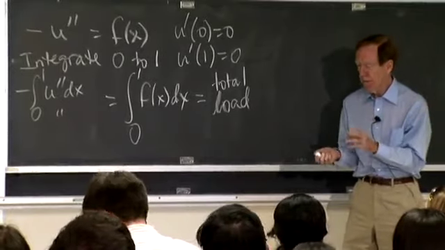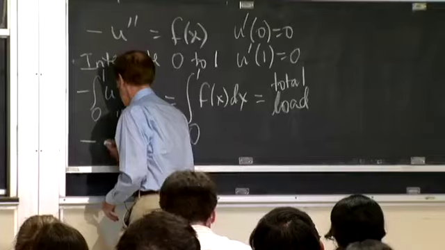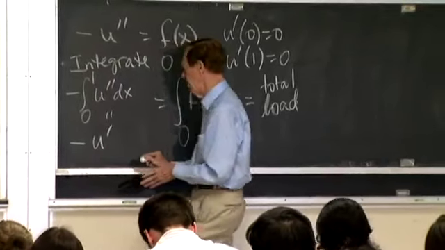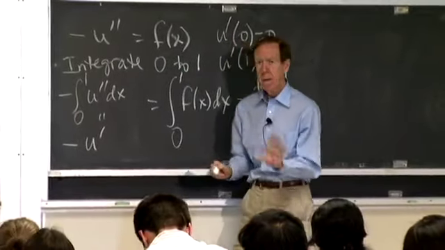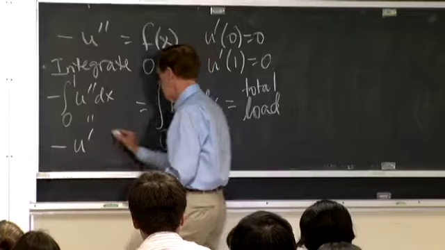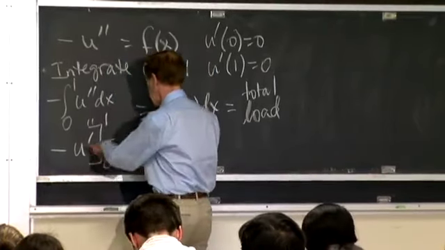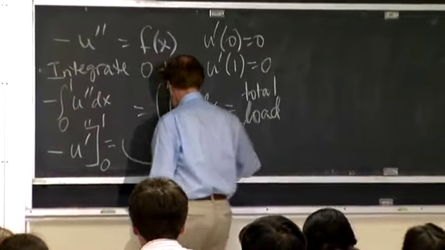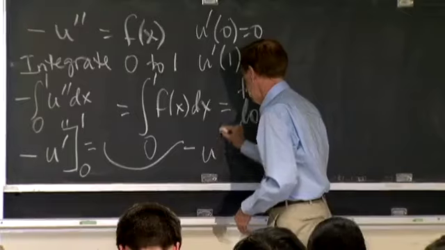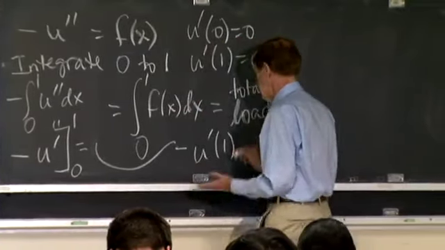The integral of the second derivative will be the first derivative with the minus. So it's minus the first derivative. And what do I do now? I plug in the endpoints, right? I'm integrating 0 to 1. So I put 0 to 1 in there. So what is that? That's minus the derivative at 1 plus the derivative at 0.